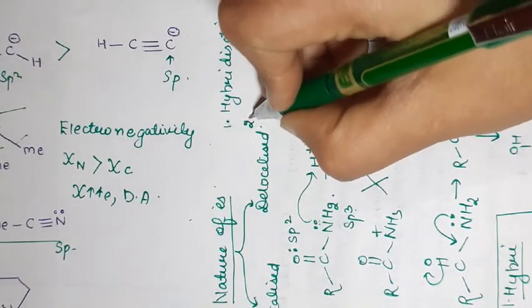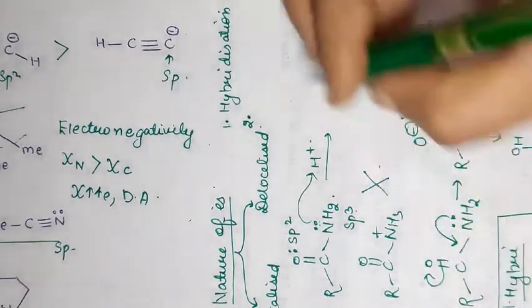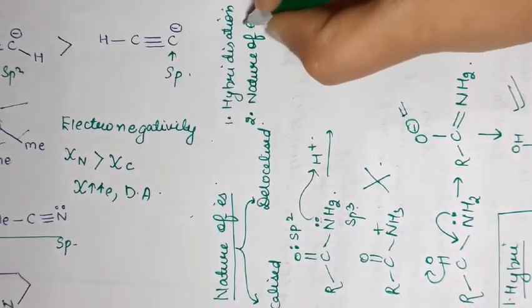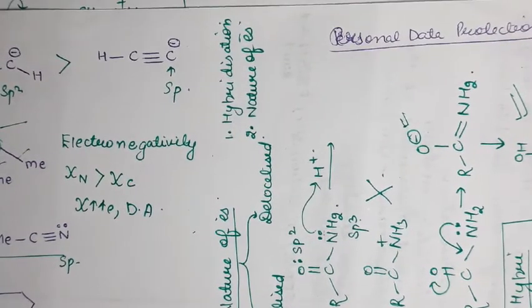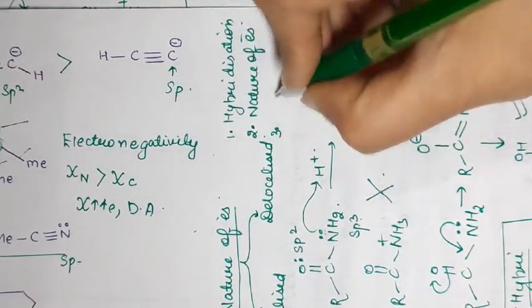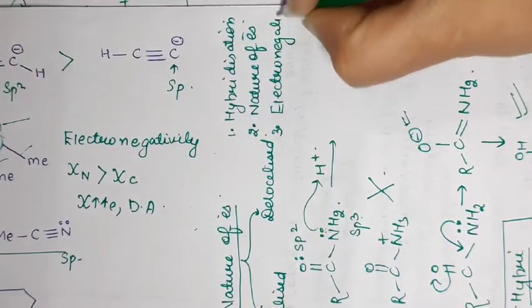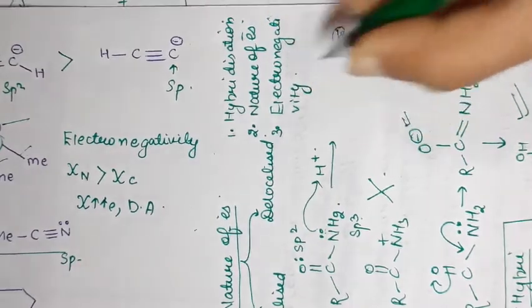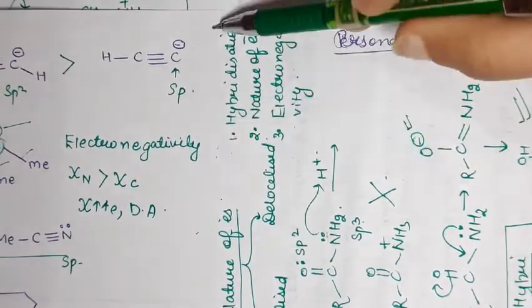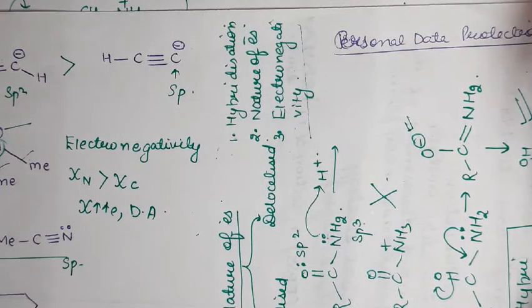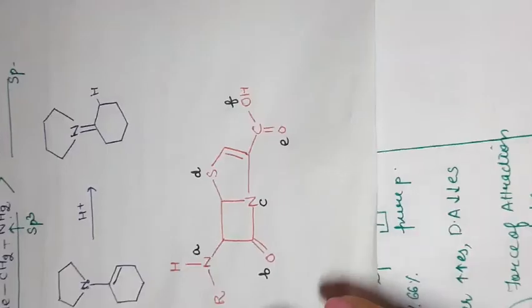Now if not, we have to consider the nature of electrons; the electrons should be localized, that will be donated. And then the last factor is electronegativity. Okay, this is the correct order in which sequence we should follow, so as to come to the final conclusion which atom will donate its electrons. Now let us consider some examples.